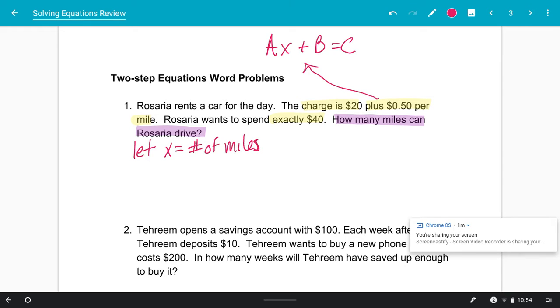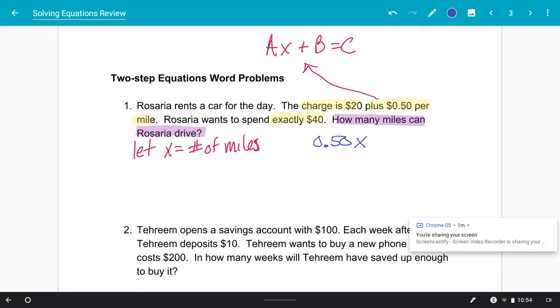So those two things we should see naturally are going to go together. So I'm going to put the 50 cents per x miles, right? And I can put it as 0.50 or 0.5. So I'm going to put those two together because we're talking about the unit rate of 50 cents per mile, and then x is our number of miles. So we see that those two naturally go together.